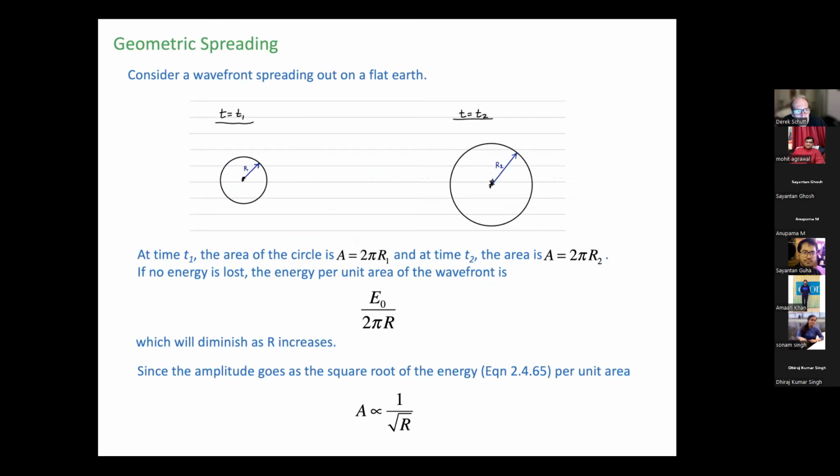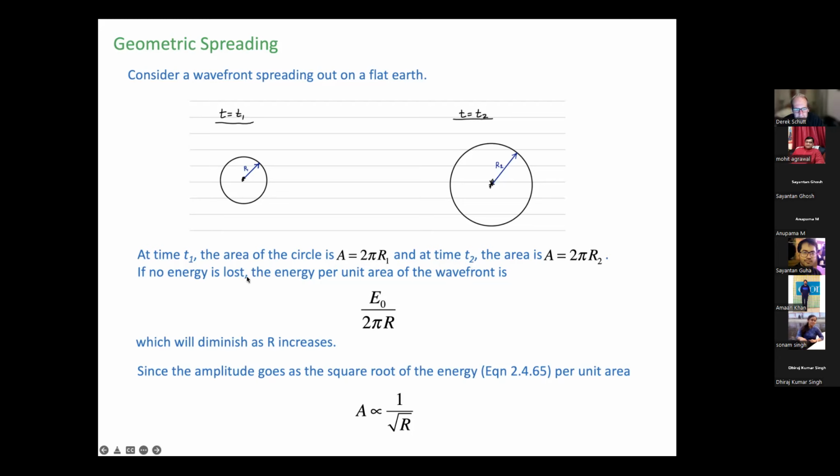All right, so first, consider a wavefront spreading out on a flat Earth. At time equals T1, the wavefront is covering radius 1, at time equals T2, it is covering radius 2. At time T1, the circumference of the circle is 2 pi r1, at time 2, it is 2 pi r2.